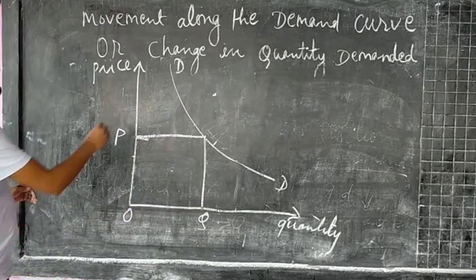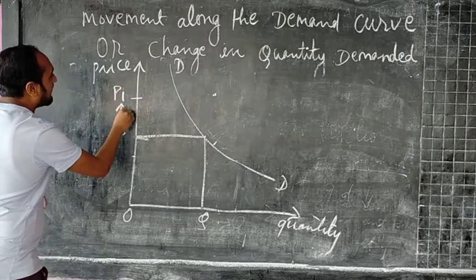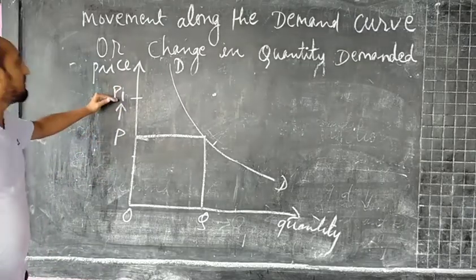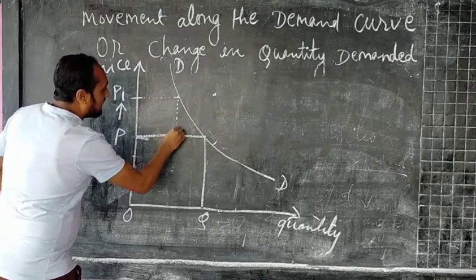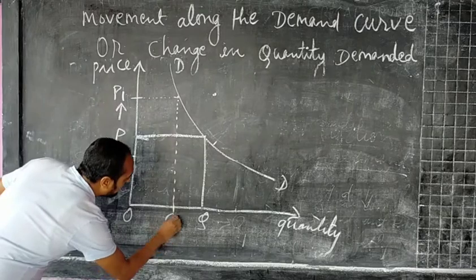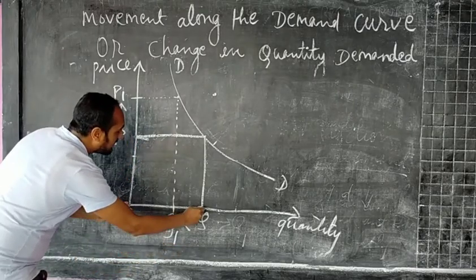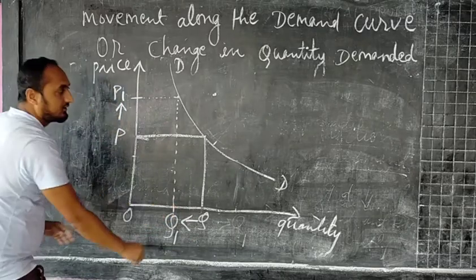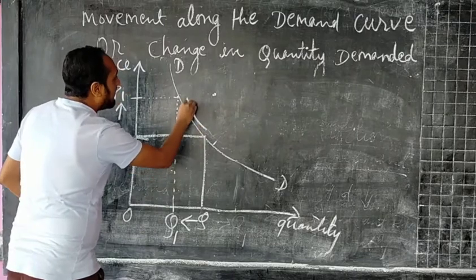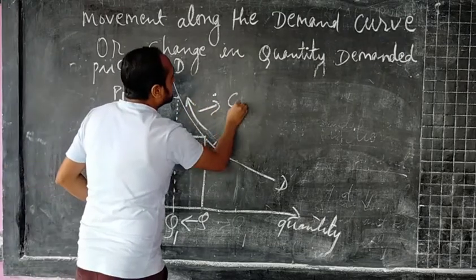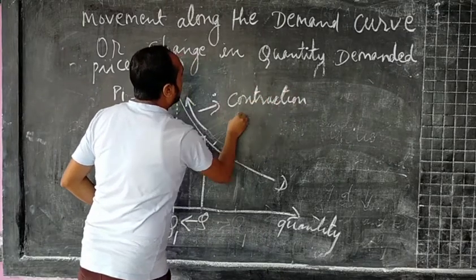If the price increases from P to P1, this upward arrow shows the increase in price. We can see that the quantity demanded decreases from OQ to OQ1. So the movement along the demand curve takes place in the upward direction. This concept is known as contraction of demand.